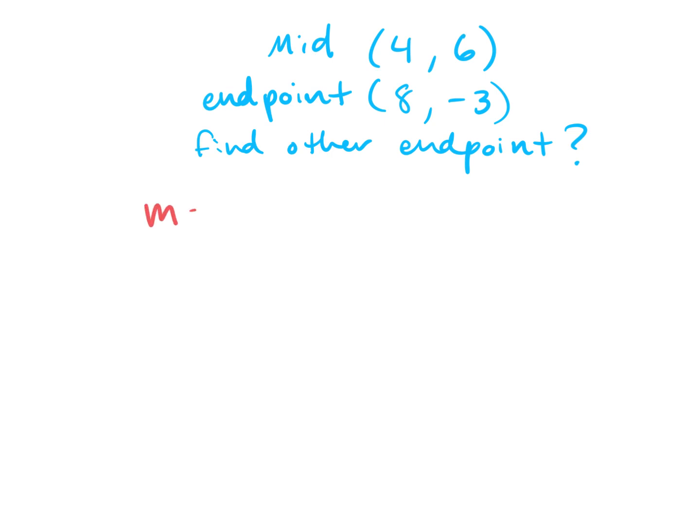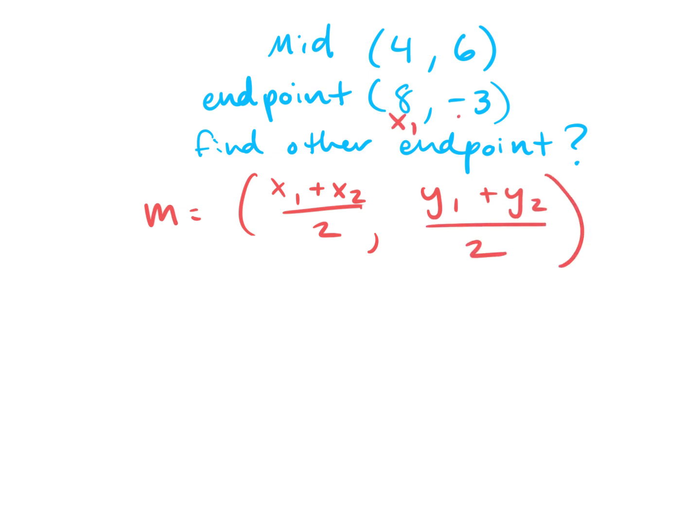So our midpoint formula was (x1 plus x2) over 2 and (y1 plus y2) over 2. So our endpoint, I'll call it x1 and y1, and our midpoint is going to be what goes on the left side of our equation. So our x value for our midpoint would be 4.